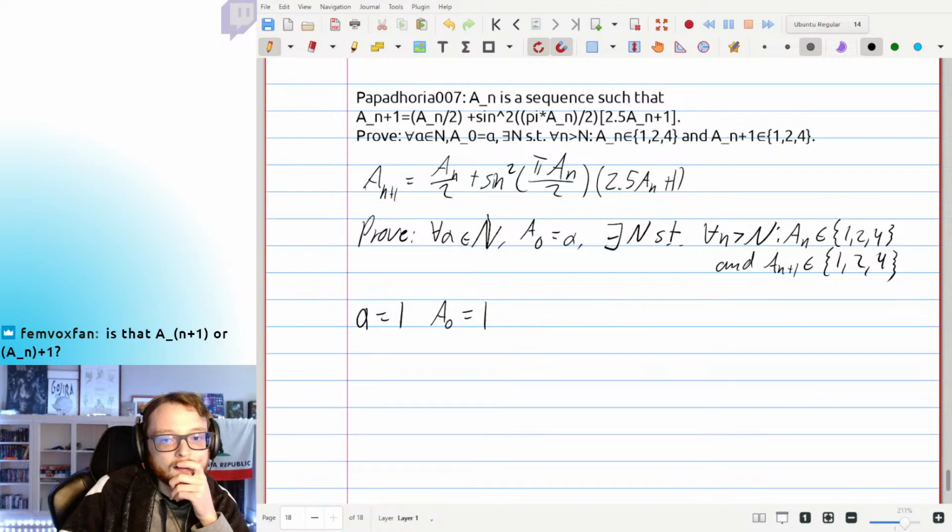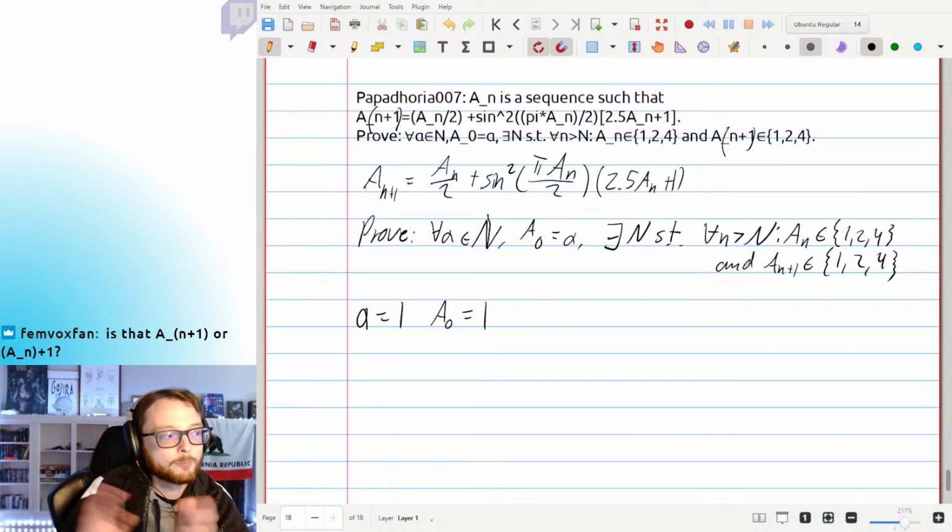I'm pretty sure these are all parentheses like that. That's my guess at least. A sub n parentheses plus 1 seems weird to talk about here. My assumption is right? Okay.